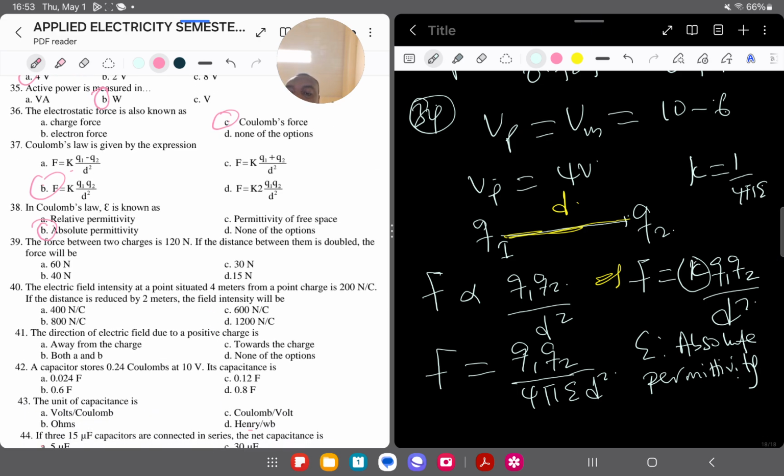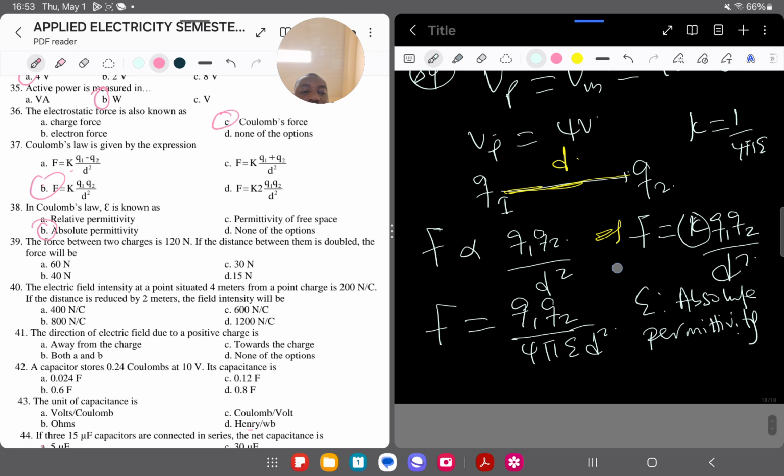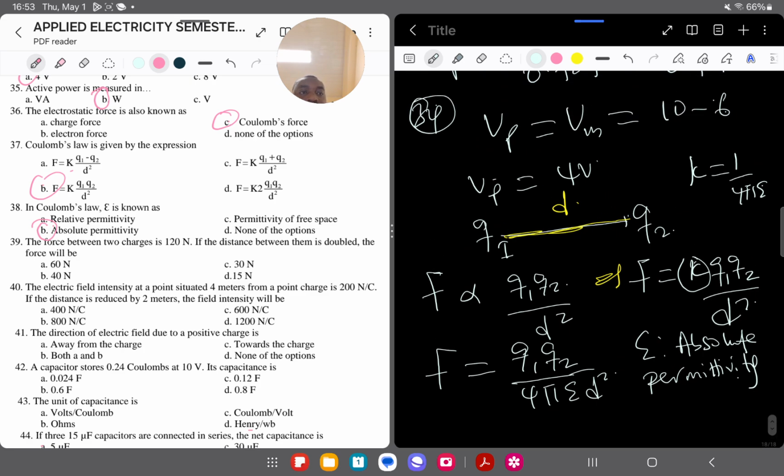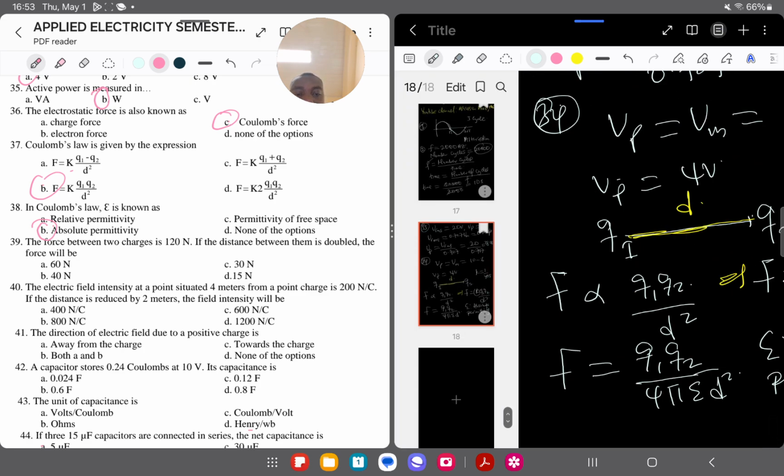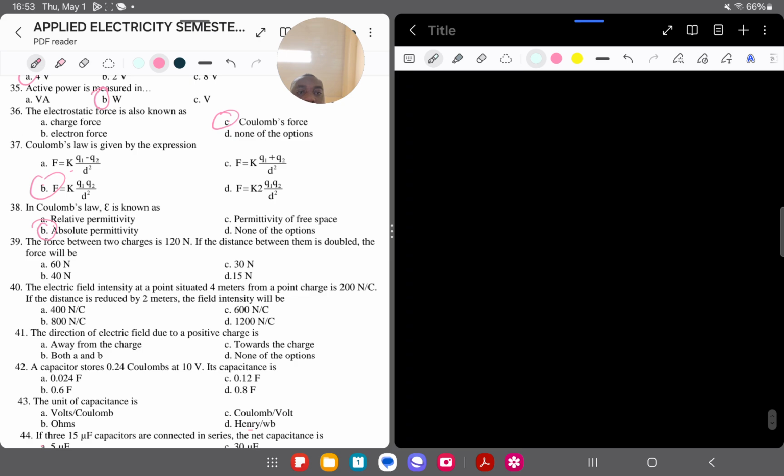The force between two charges is 120 newtons. If the distance between them is doubled, the force will be, here we are to find the force. Okay, that is question 39.